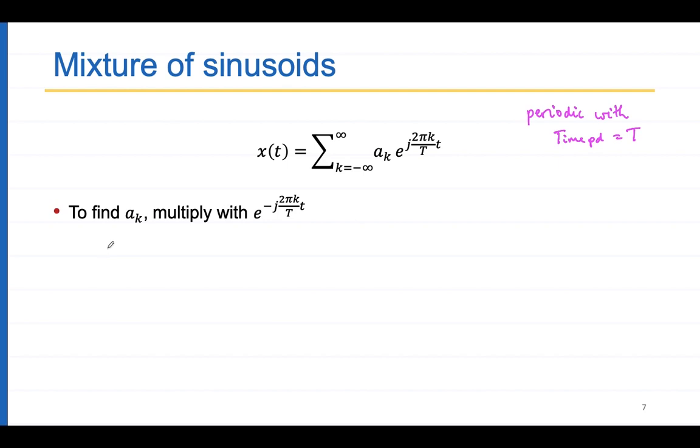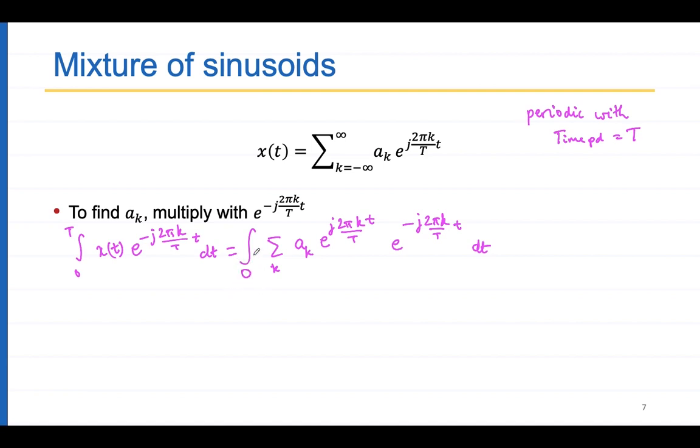If I multiply x(t) by e to the power minus j 2 pi k upon capital T times t, and integrate over the period 0 to capital T, what will this value be? This is equal to the summation over all k from minus infinity to plus infinity of ak times e to the power j 2 pi k t upon capital T, which was my x(t), multiplied by e to the power minus j 2 pi k upon capital T times small t, integrated over one time period 0 to capital T.